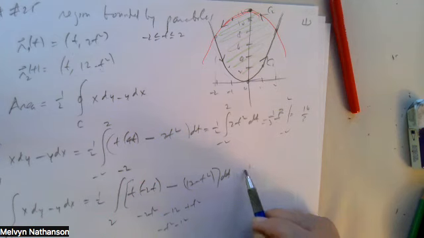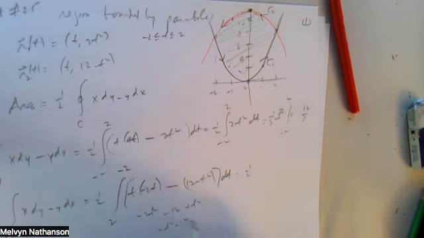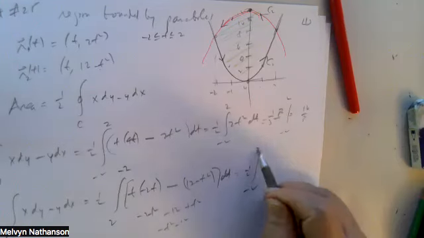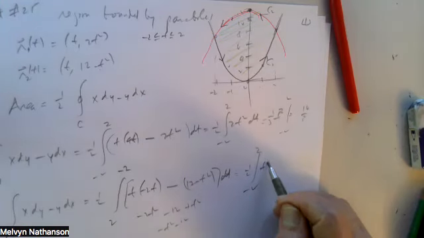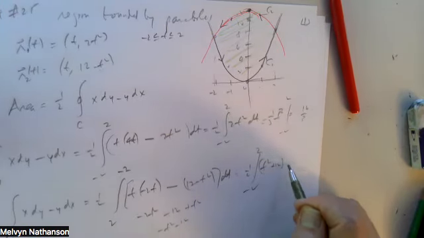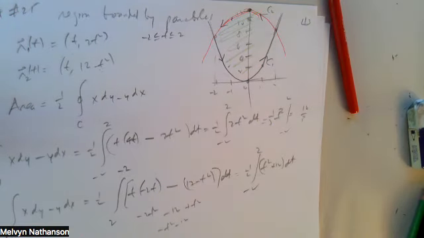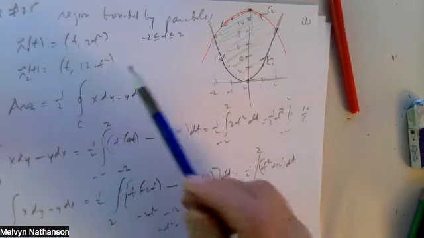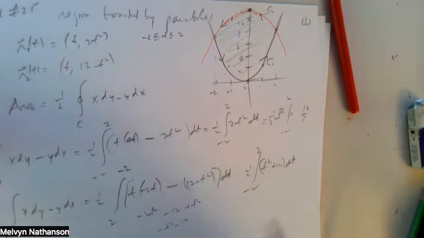So this is 1/2 of minus t squared minus 12. I just interchanged the limits to get rid of the minus sign. 1/2 the integral from -2 to 2, t squared plus 12 dt. This is x dy minus y dx, minus 2t squared minus 12 plus t squared.